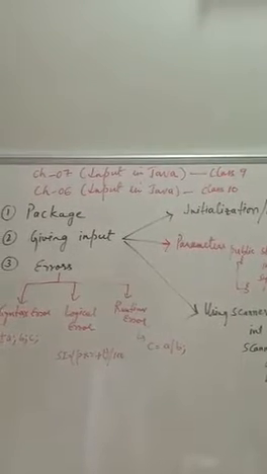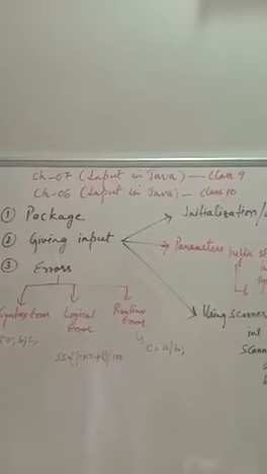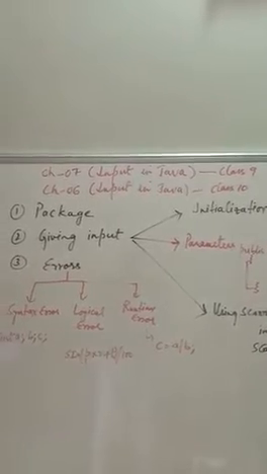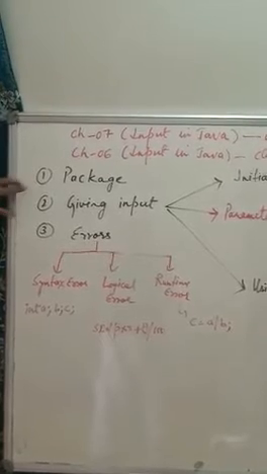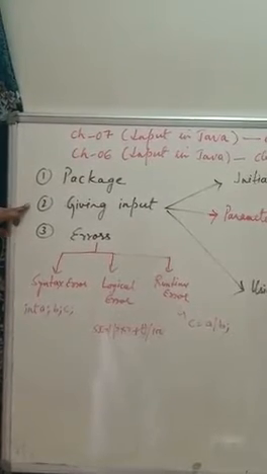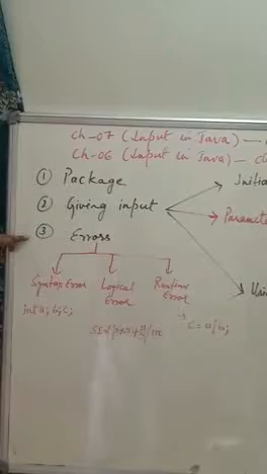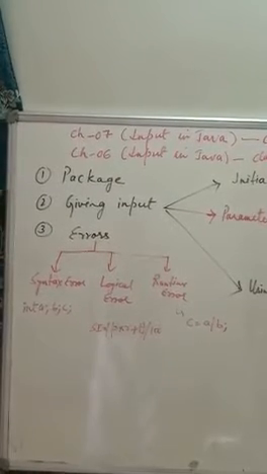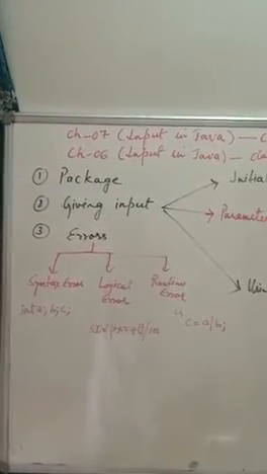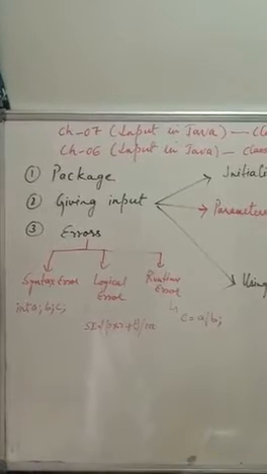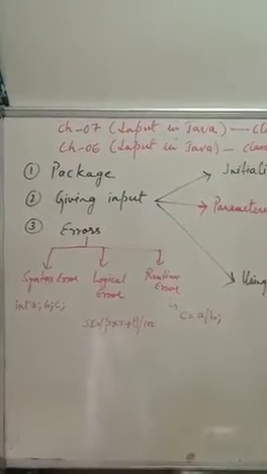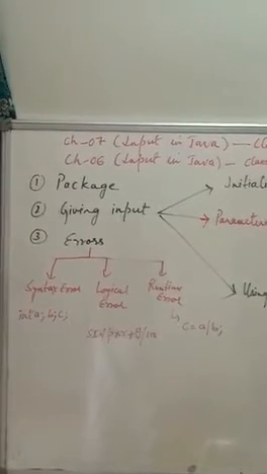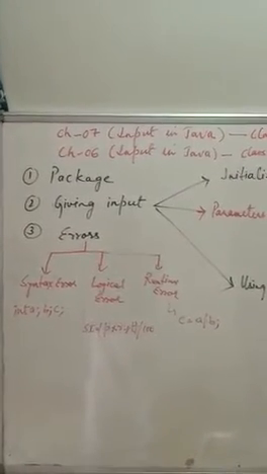The topics in the chapter input in Java are package, different ways of giving input to the variables, and the different types of errors. Right, let me give you a quick revision on these topics. Let us start with the package. A package is a collection of classes based on the functionality. There are so many built-in packages in Java.